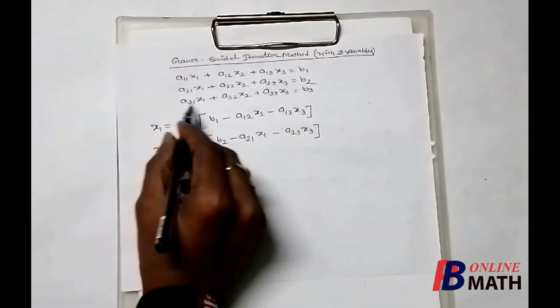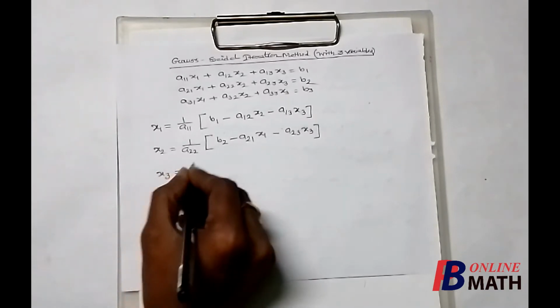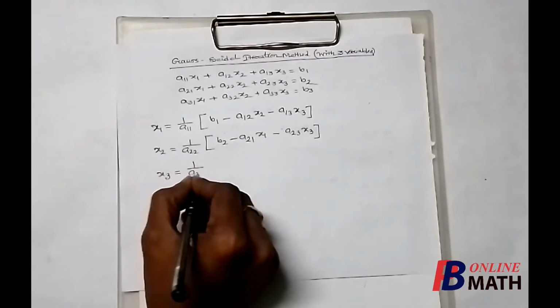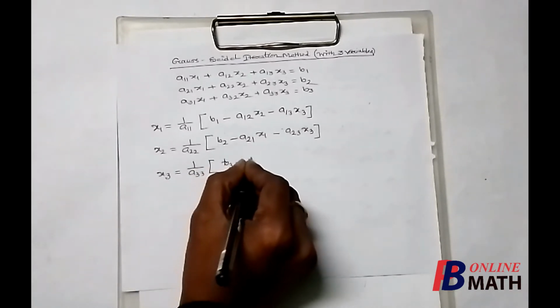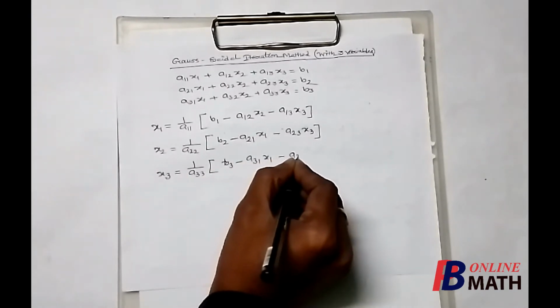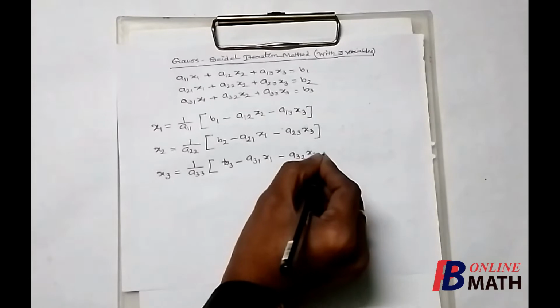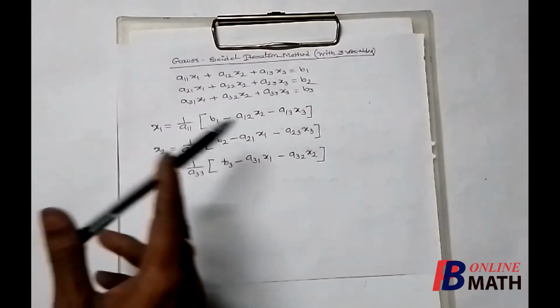And from the third equation, we write x3 equal to 1 by a33, it is multiplied by b3 minus a31 x1 minus a32 x2. So we have written these three given equations in this form.